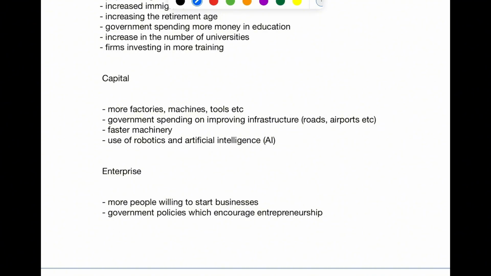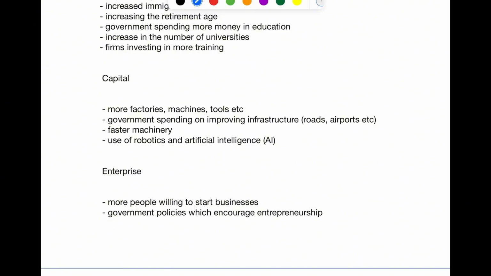And this means that labor can potentially get to work faster and therefore can potentially produce more. Firms can invest in faster machinery, therefore the machines can potentially produce more products because they are faster, so the potential output of the economy increases.